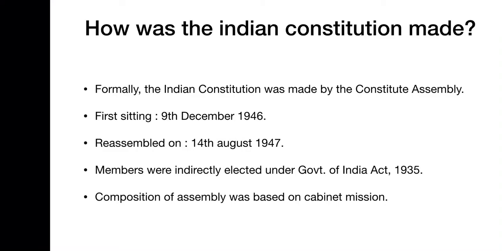It held its first sitting on 9 December 1946 and it reassembled as a Constituent Assembly for divided India on 14 August 1947. The members of Constituent Assembly were indirectly elected under Government of India Act 1935, and the composition of the Assembly was based on a plan given by the British government, popularly known as Cabinet Mission Plan.